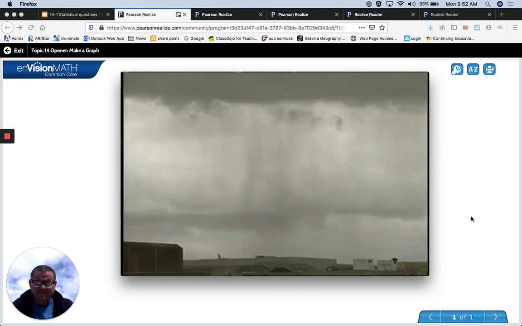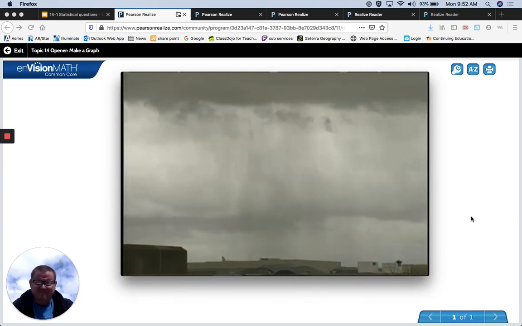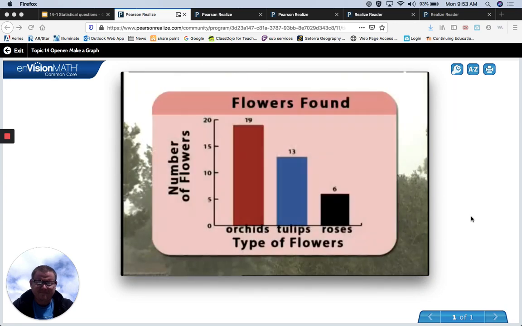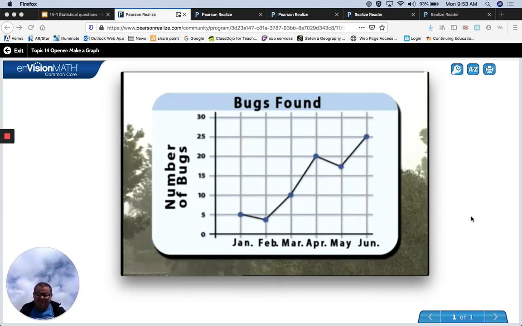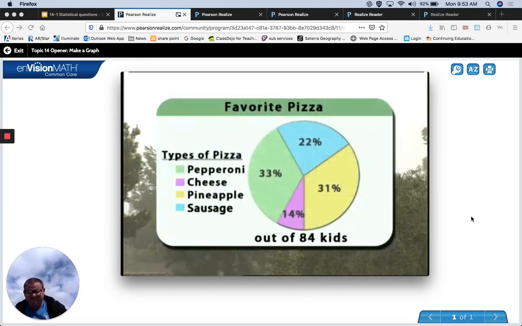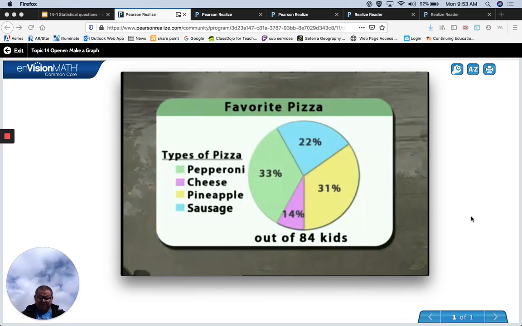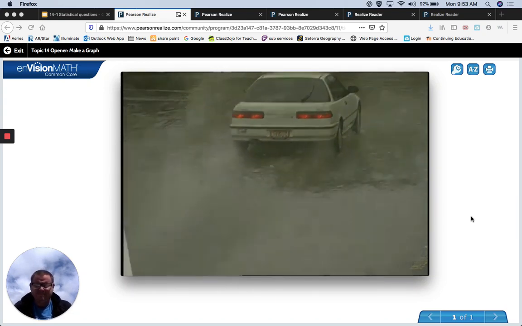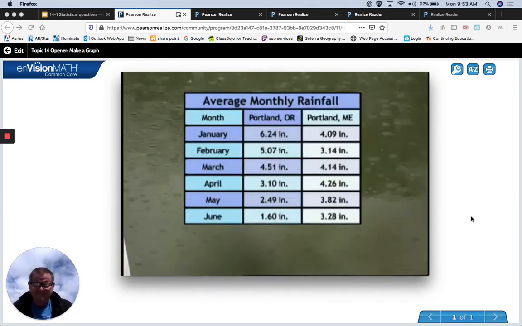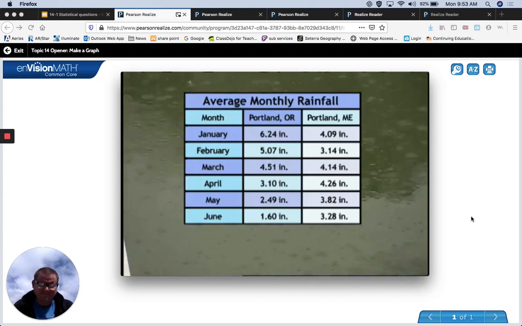Graphs are useful in displaying information, but all graphs don't display information in the same way. A bar graph compares sets of data, a line graph shows changes over time, and a circle graph compares parts of a whole. Here is some data on the average monthly rainfall for Portland, Oregon, and Portland, Maine.